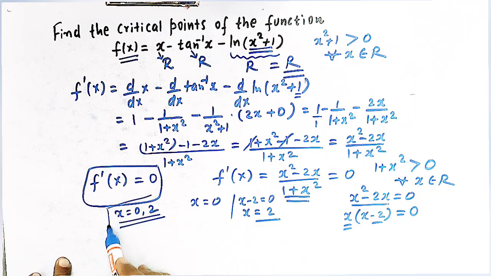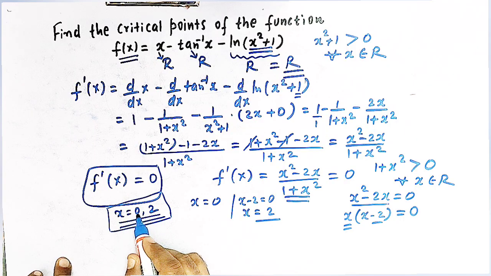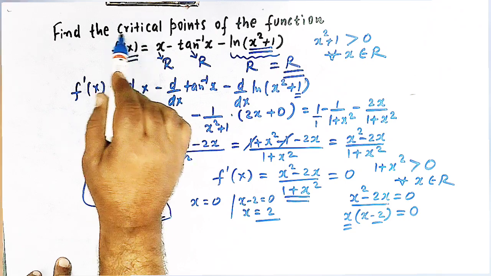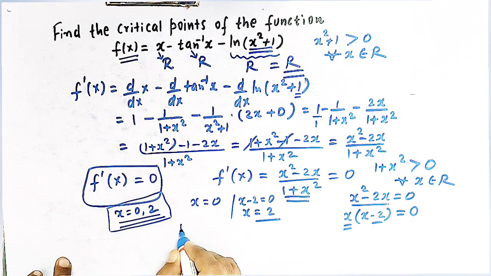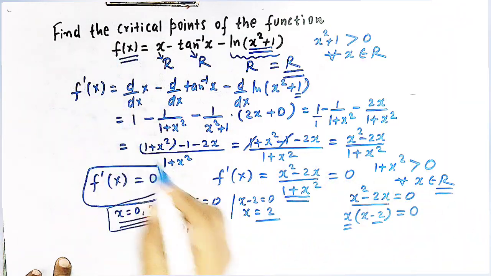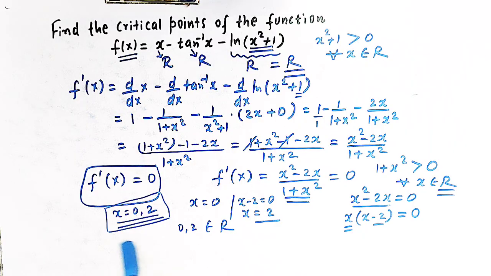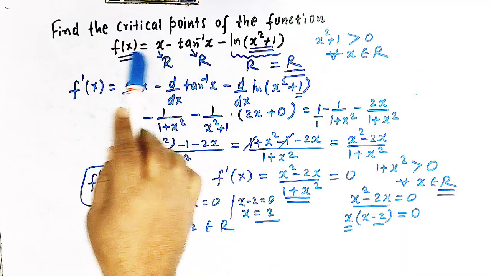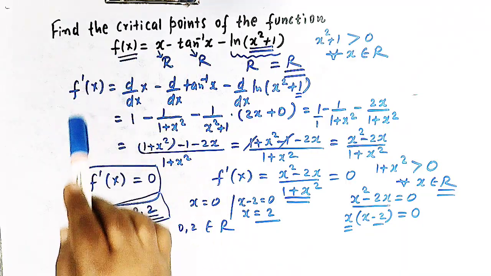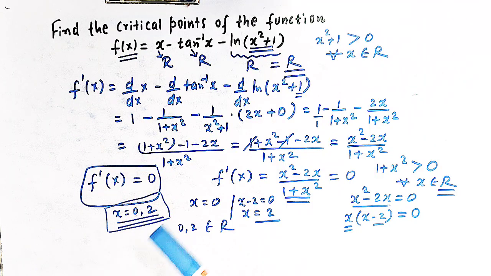So these are the two critical points of this function, and obviously both these values of x belong to the domain of this function, that is, 0 and 2 both belong to the domain of f of x, that is R. So x is equal to 0 and x is equal to 2 are the two critical points of this function f of x, where the derivative of this function vanishes.